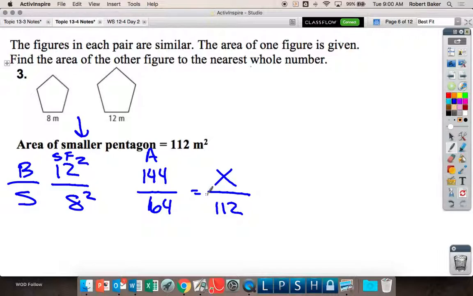X times 64. 144 times 112. What? 16,000.